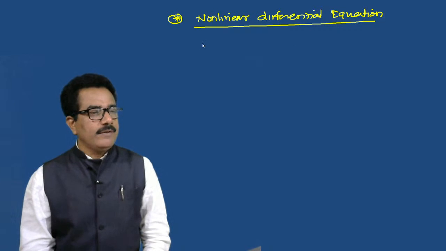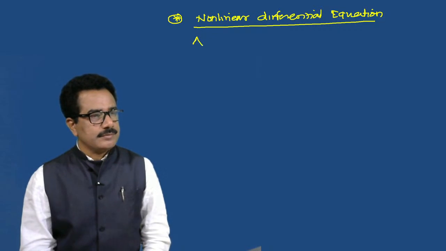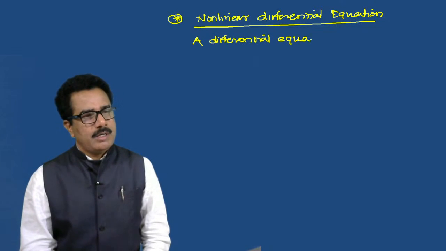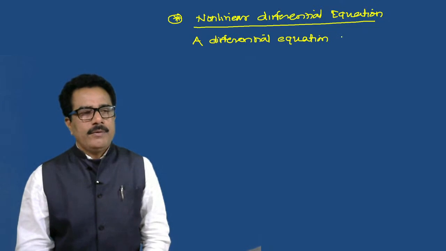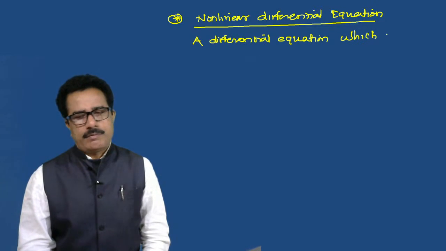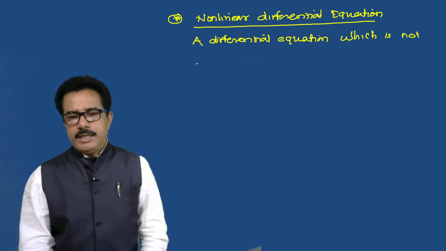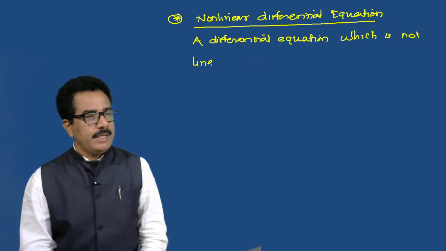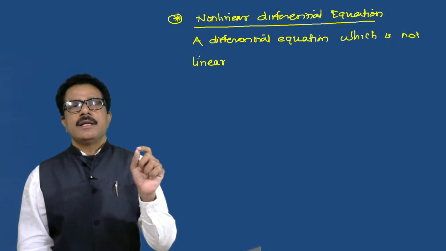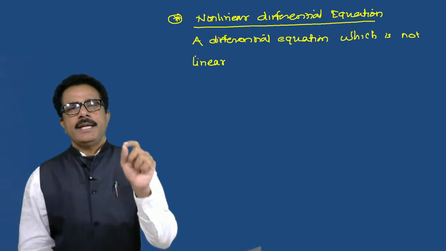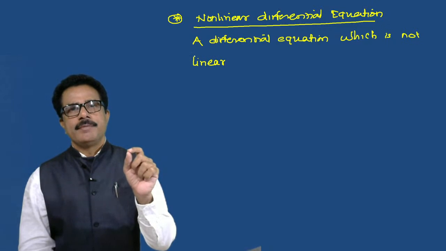So the definition: a differential equation which is not in linear form. Linear means the degree of the differential coefficient must be 1 and the degree of the dependent variable must be 1.